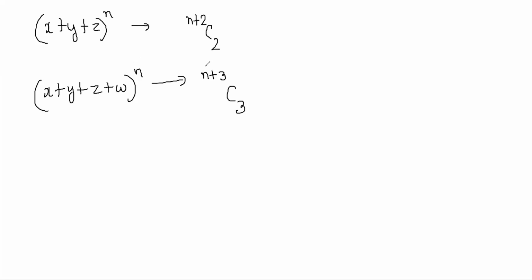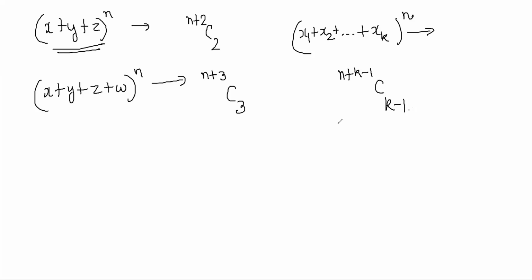If k terms were there, instead of a binomial, a trinomial gives k minus 1, and if it is 4, then 4 minus 1. So if you have x1 plus x2 plus up to xk to the power n, the total number of terms will be n plus k minus 1 C k minus 1.